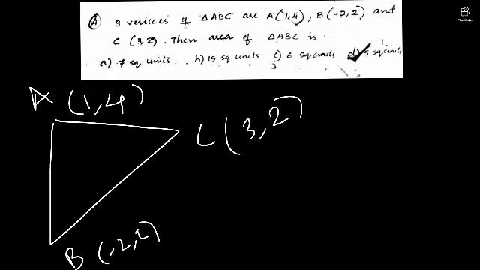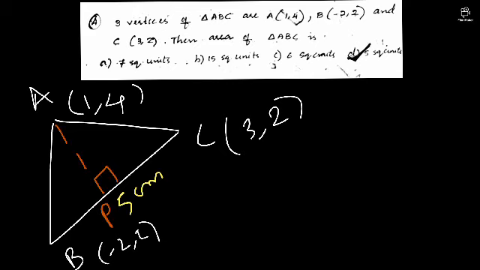Now we can find all the side lengths using the distance formula, root of (x2 minus x1) the whole square plus (y2 minus y1) the whole square. So we will get CB as 5 centimeter and AB as 2 root 3, AC as 2 root 2.